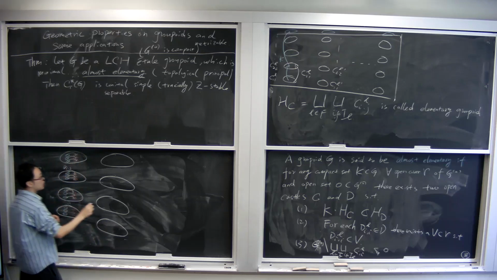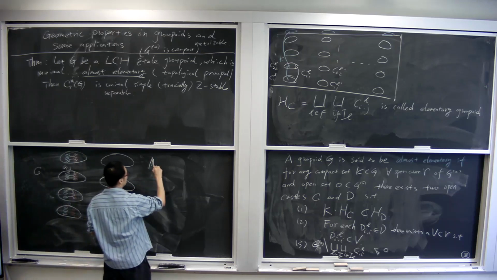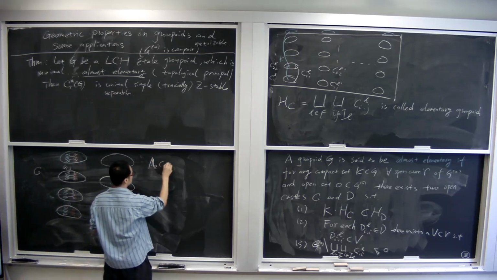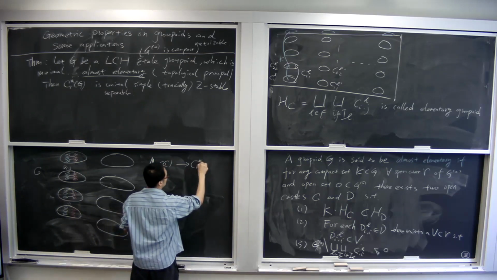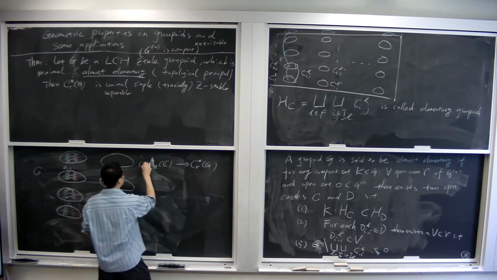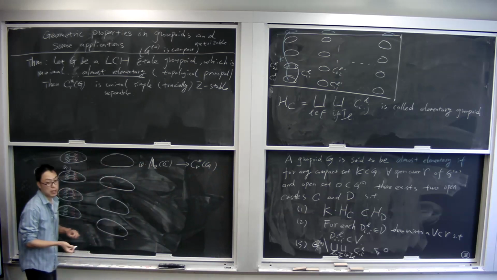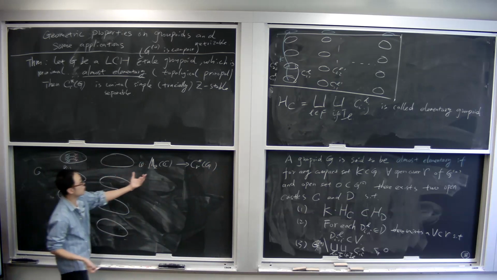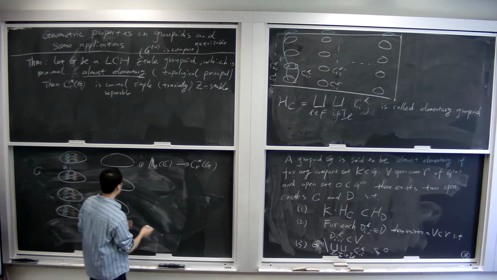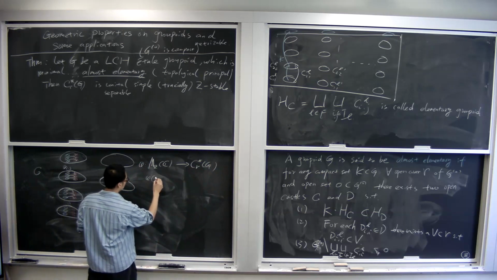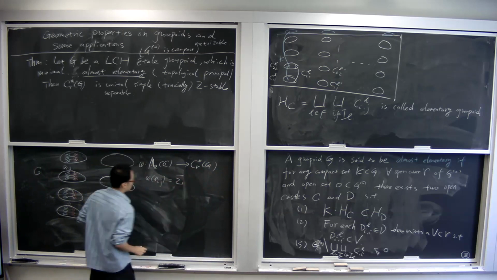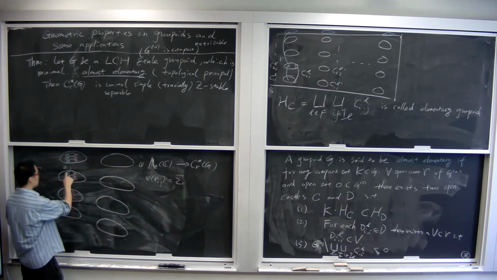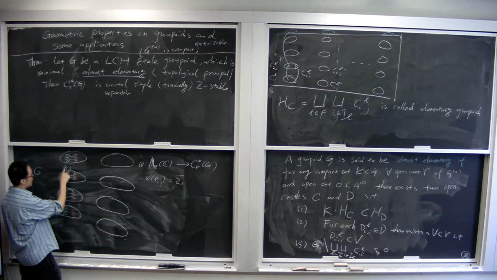I want to construct a map from M2(C) to the CPC order 0 map, from the two-dimensional matrix to this algebra. What I really want to do is to define phi for e_ij to be some sum.